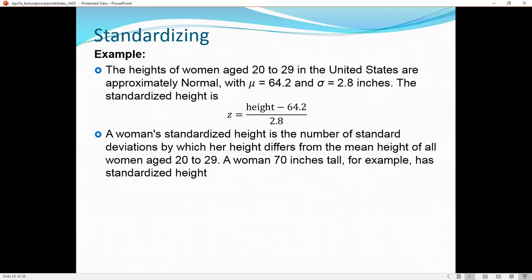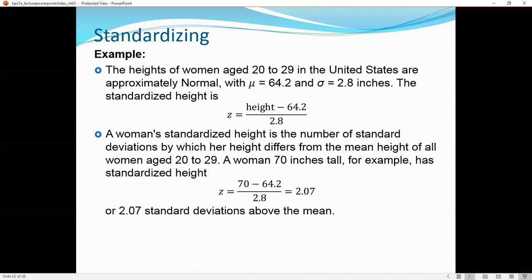A woman 70 inches tall, for example, has a standardized height of 70 minus 64.2, that quantity divided by 2.8, which yields 2.07. So she has a z-score of 2.07, or 2.07 standard deviations above the mean.